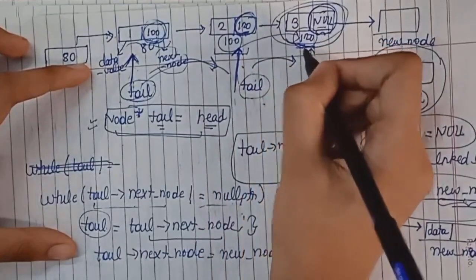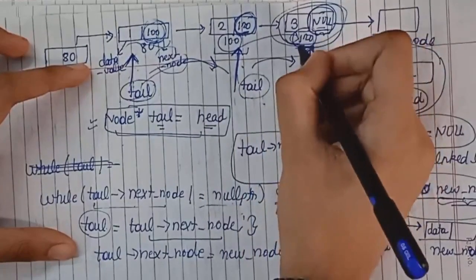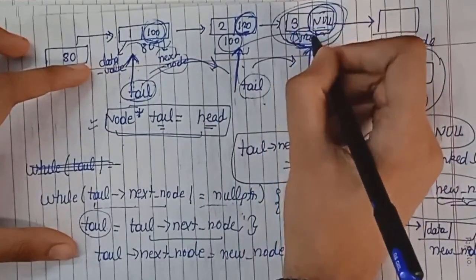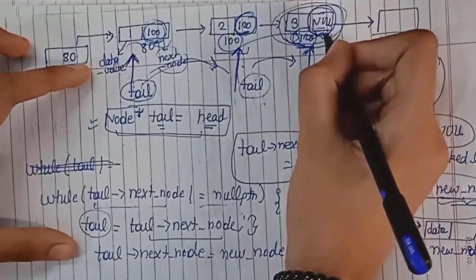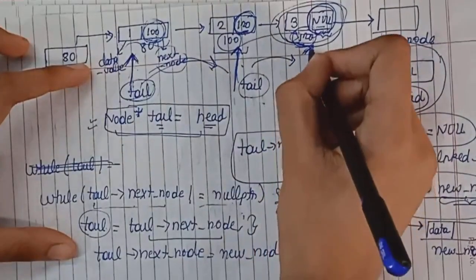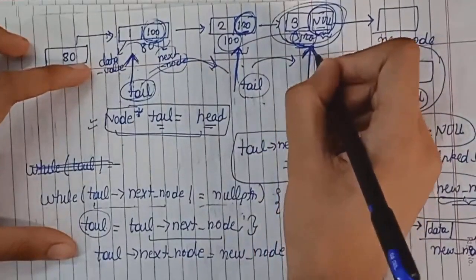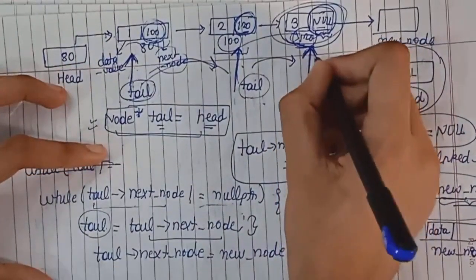At address 120 we have this node where the next node is the null pointer. So now this while loop will end here, and my tail will start pointing to this.